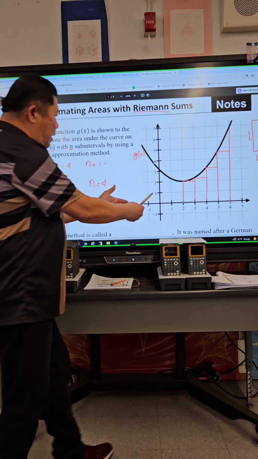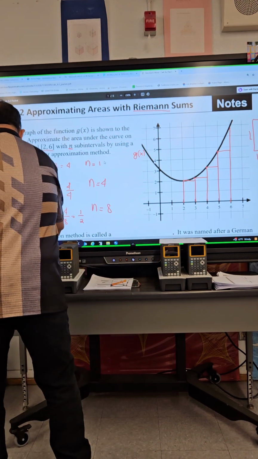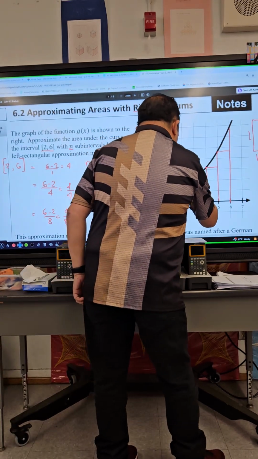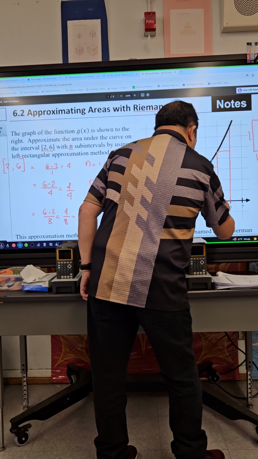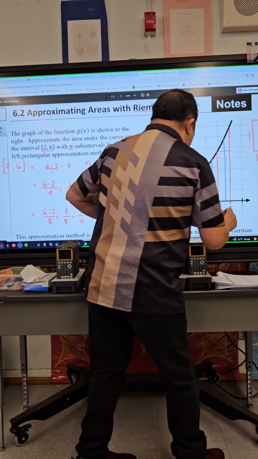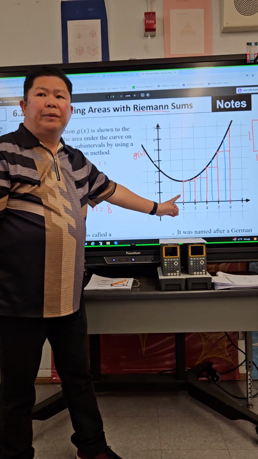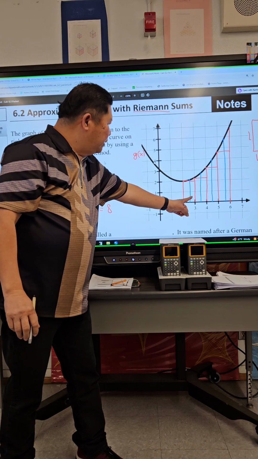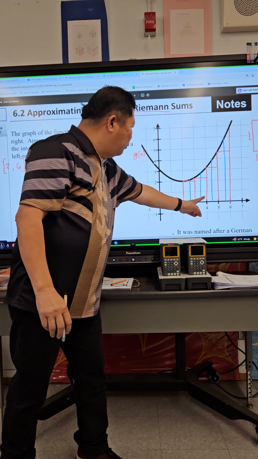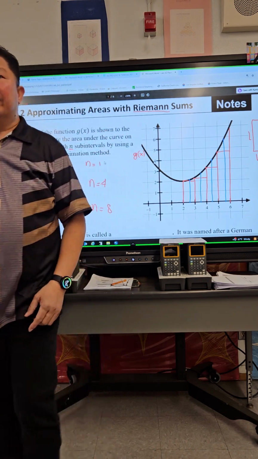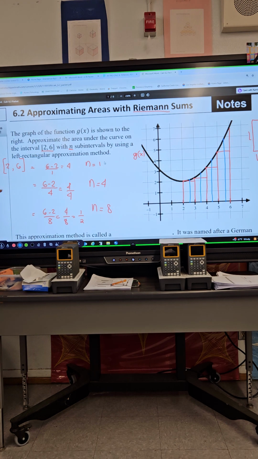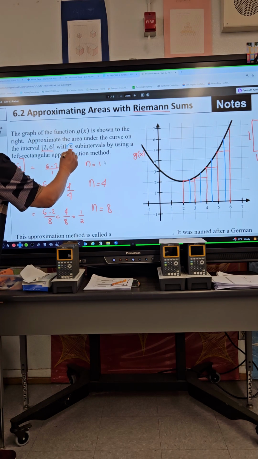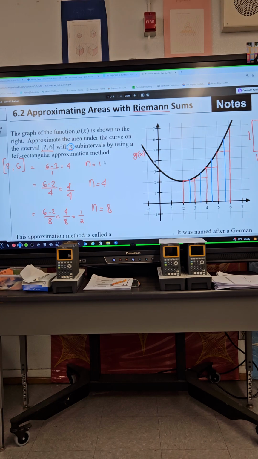So 1/2 of this. Can we count how many subintervals now? 1, 2, 3, 4, 5, 6, 7, 8. There are 8 subintervals. Is the subinterval clear to you guys? Depending on what is given for n, n subintervals. Clear?